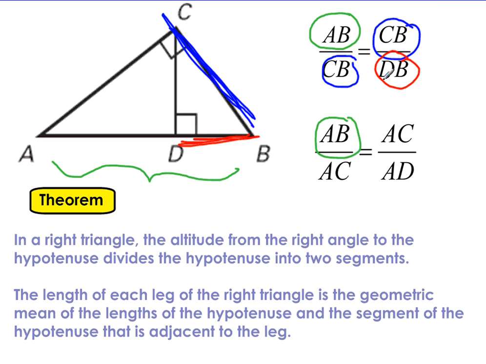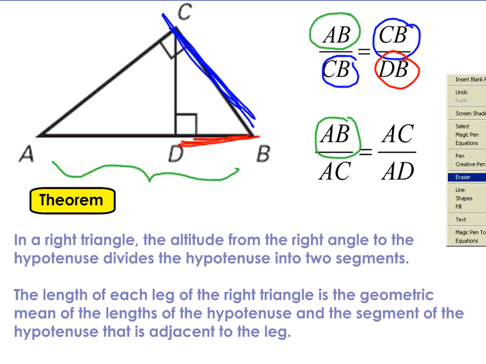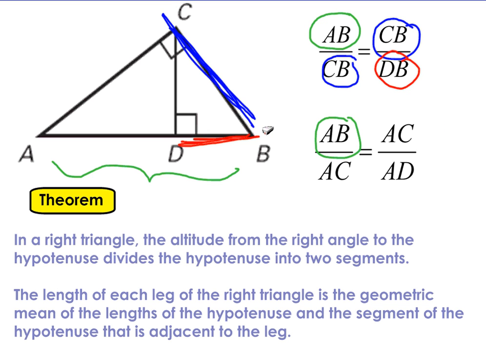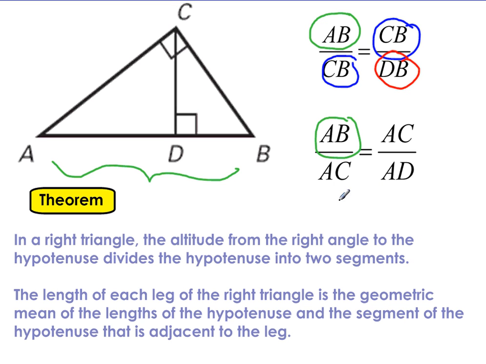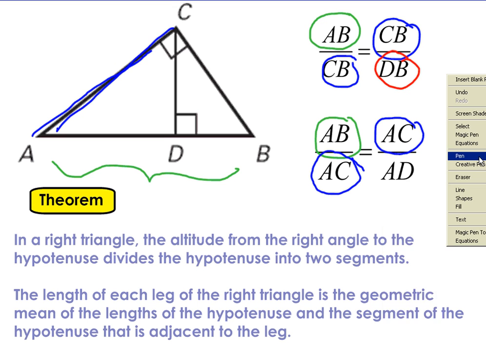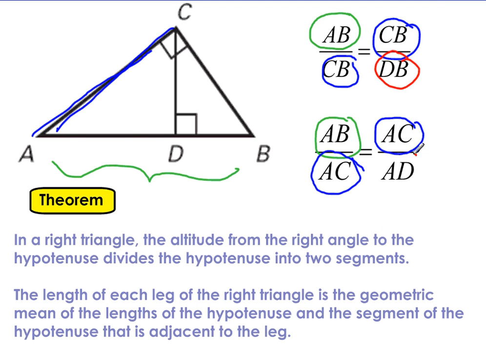So looking at this first one, we see that we can set up a proportion using these pieces here. For the next one then, we would take a look at it in a different way. AB is still our hypotenuse. Instead, this time we are going to be using the longer leg, AC, and AD.